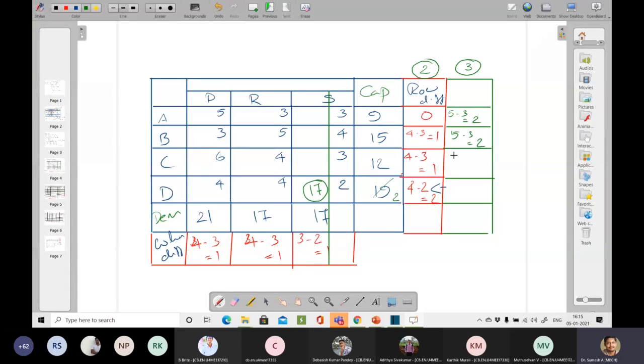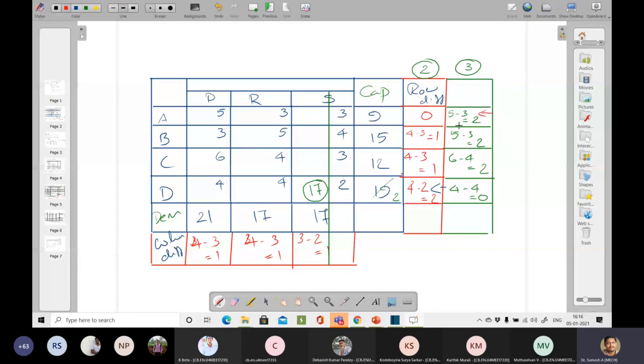Now which cell will I give the allocation? 6 minus 4, 2. Sorry, D is the minimum. Now which cell will I give the allocation? AR. Right, so give the preference to the first row.